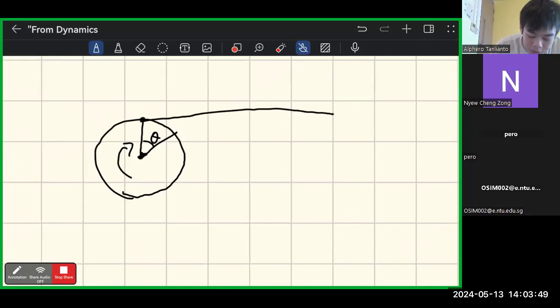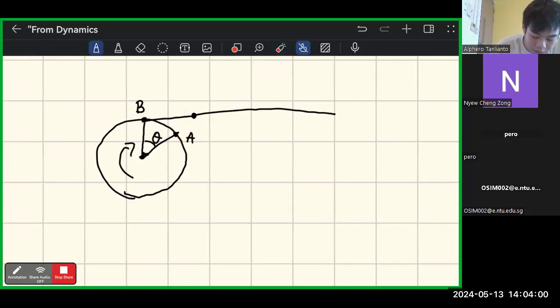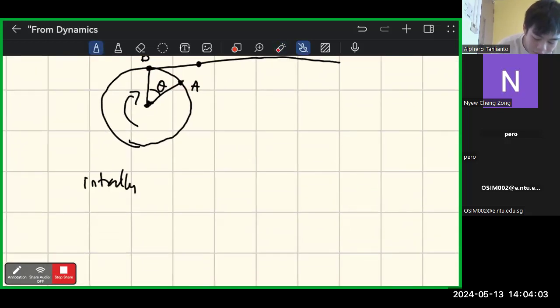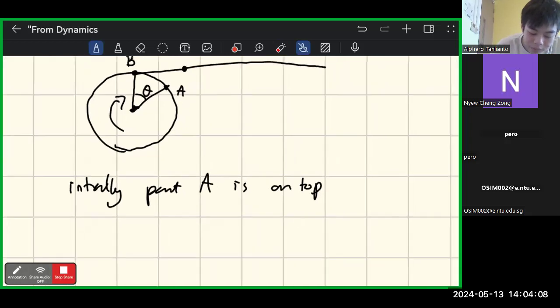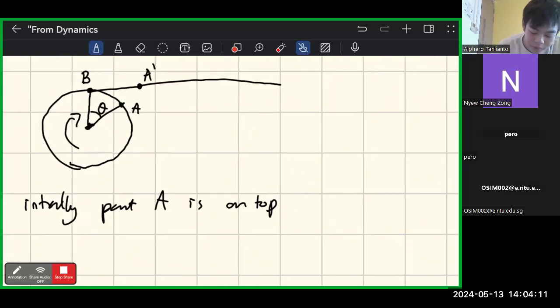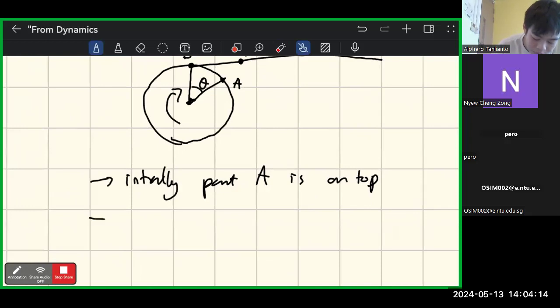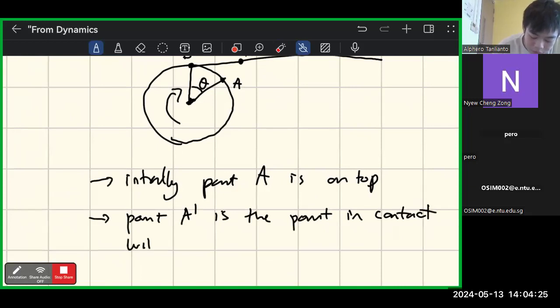Let's say this is a point A, and this is a point B. Initially point A is on top, and point A prime is the point in contact with point A initially.